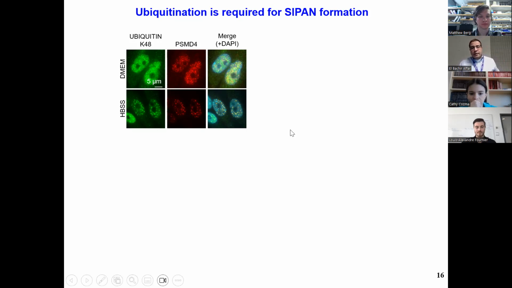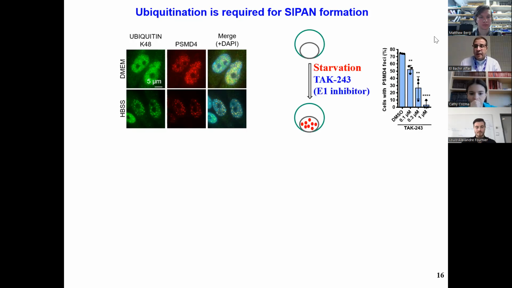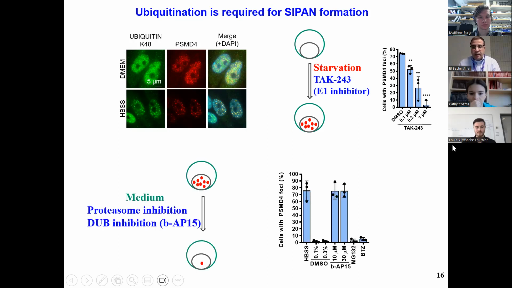So we wanted to understand more about the ubiquitination and how the ubiquitination is regulating this process. One of the first things we did is to see whether we have ubiquitin in the foci, and in fact we do. This is ubiquitin K48 that we can see nicely in the foci, and when we treat with this E1 inhibitor TAK-243, we can completely dissipate this proteasome foci.